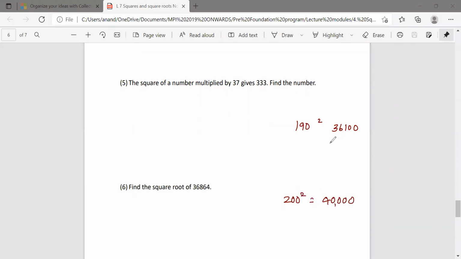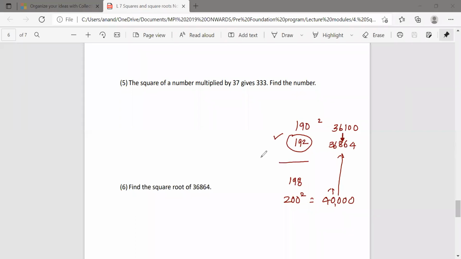And my square is 36864. It is so close to this number than this number. So if my options are 192 and 198, by judgment also I come to know that it cannot be close to this. If it was 198 square, the value would have come close to 40,000. My value is much close to 190 square. Therefore, the possibility is 192 than 198.